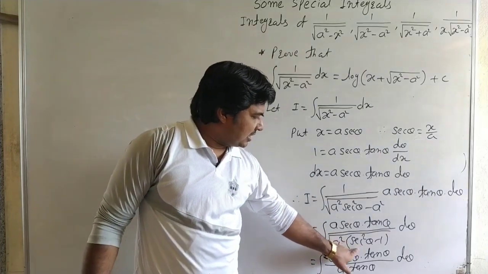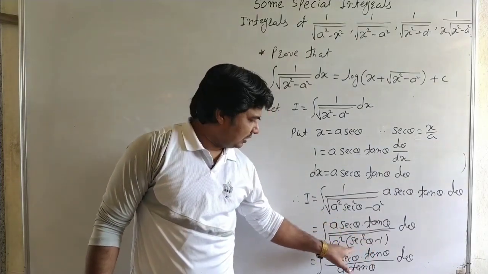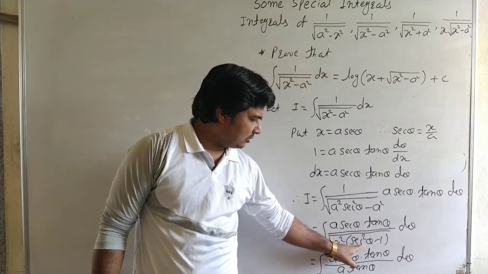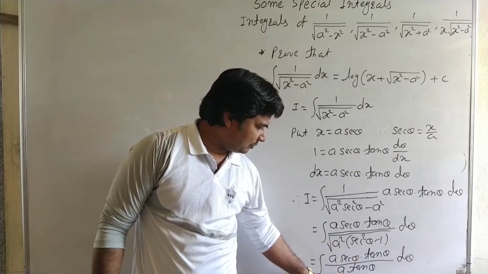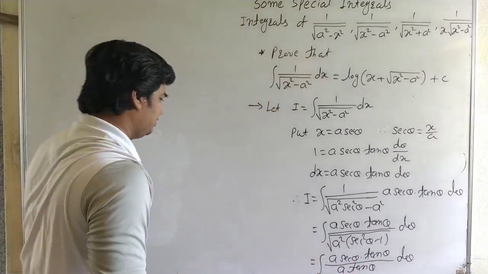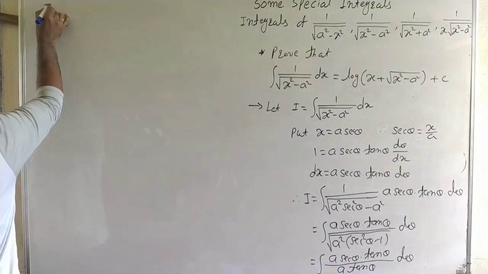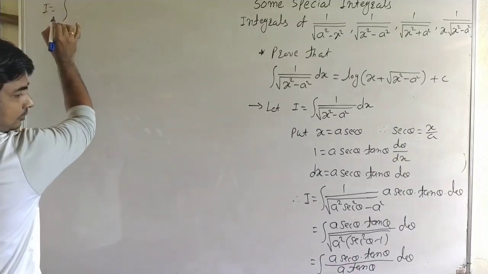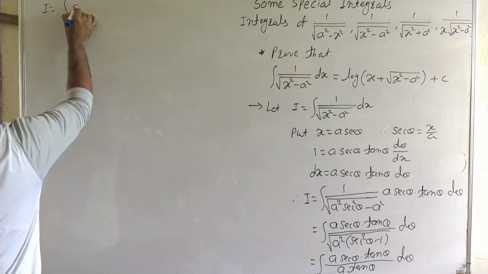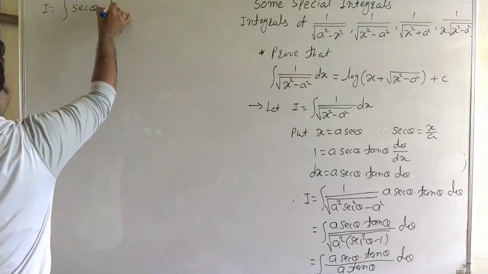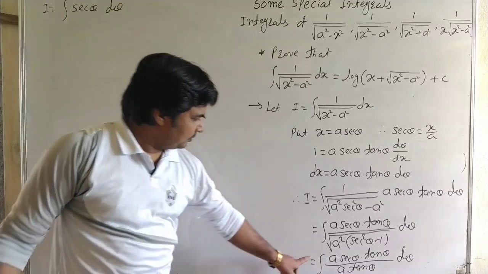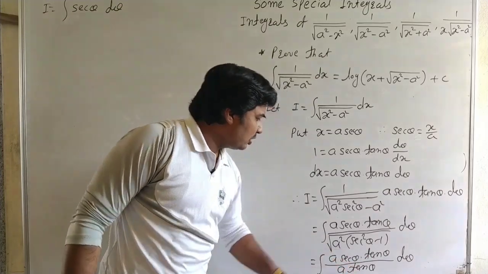A square, sec square minus 1 is tan square theta, under root a square tan square theta is a tan theta. Now a gets cancelled, tan gets cancelled, then we can write the integral of sec theta d theta. See carefully, a gets cancelled, tan gets cancelled, only sec theta remaining.